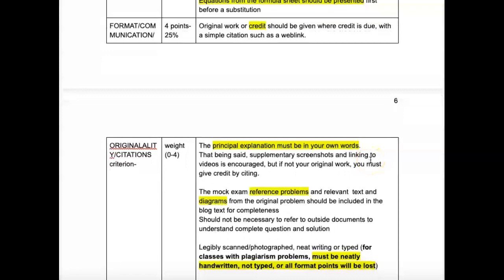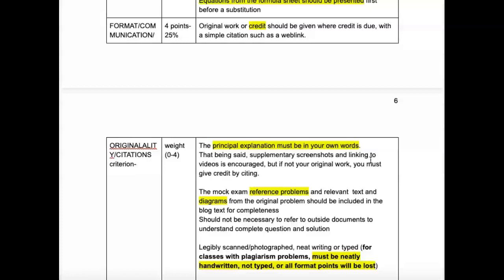Format. So for the format, communication, originality, citations criterion, I don't mind if you use images or a little bit of work from a website if you think it's particularly good for explaining something, but the principal explanation should be you writing it in your own words.